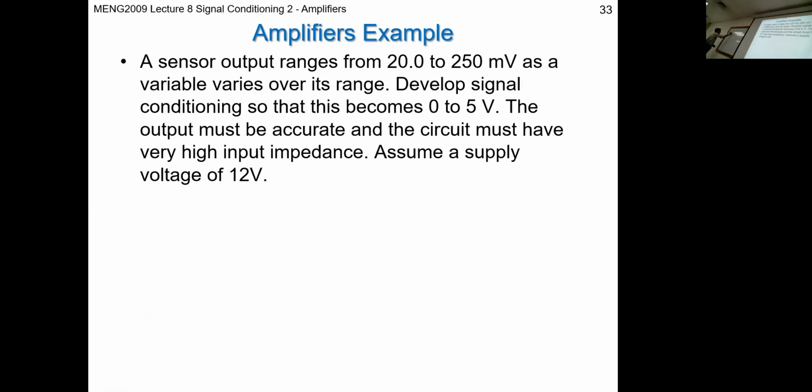And our V max input is 250 millivolts. That has to go to 5 volts. Now, assuming there's a linear relationship, basically what you've just done is define 2 points on the straight line.